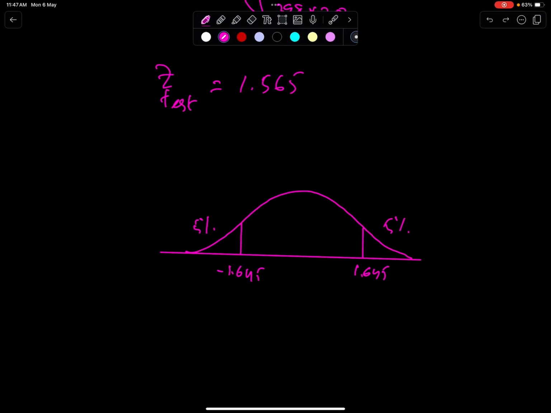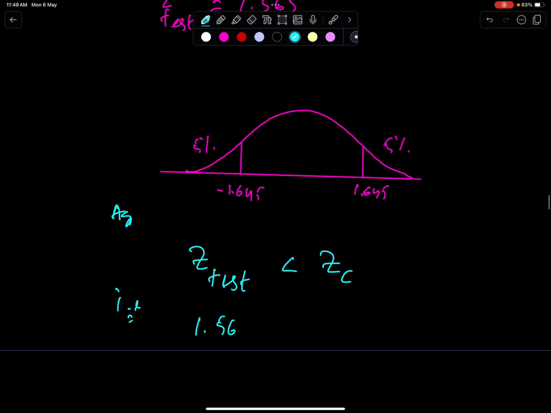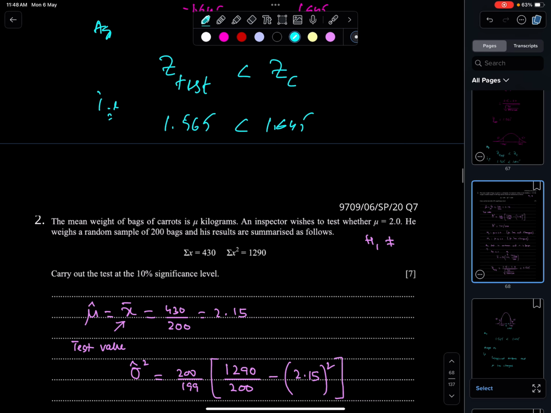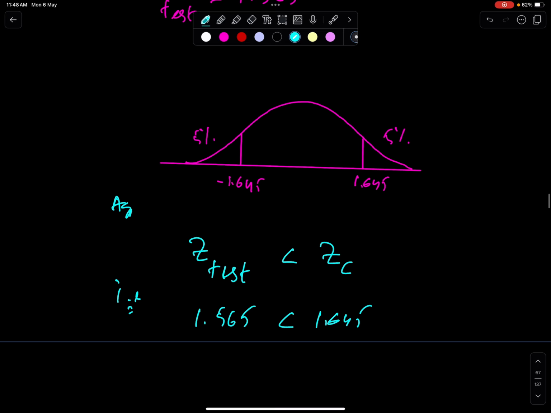So Z test is less than Z critical, that is 1.565 is less than 1.645. So accept H naught because your value is here. This is in the accepted region. This is not in the critical region.